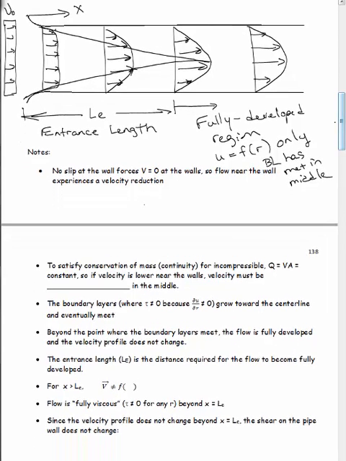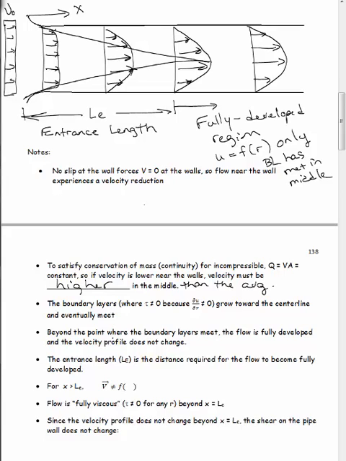Because of conservation of mass, if the walls are holding the flow back, in order to get that same total flow at this point, and this point, and this point, and conservation of mass says you have to, then the velocity has to be higher in the middle than it is on average than the average, let's say. It's equal to the average here at the entrance. Higher in the middle as you go towards the fully developed region.